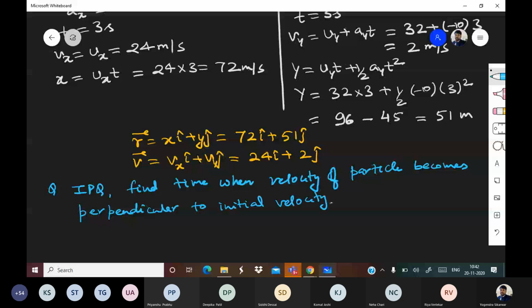Okay. So basically you need to find out that after how much time object will be moving perpendicular to initial velocity. Okay. Please calculate.